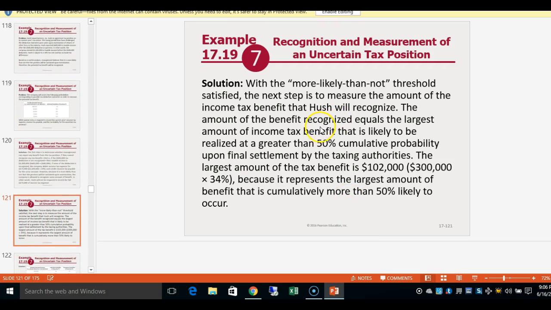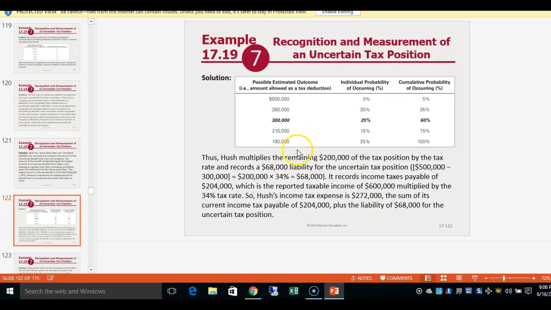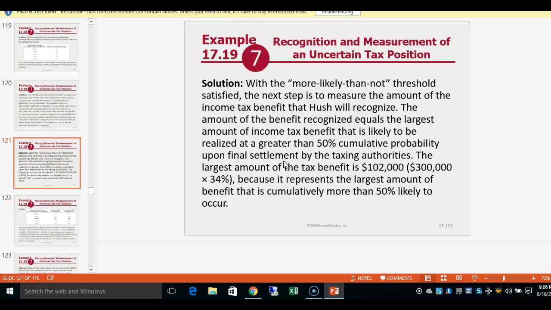So based on our 50% cumulative rule, per the chart we just looked at, $300,000 of the benefit would be likely, and therefore we would take $300,000 of the $500,000 deduction, multiply it by the 34% tax rate, and that essentially represents the estimate that we would use. And the tax benefit would be $102,000.